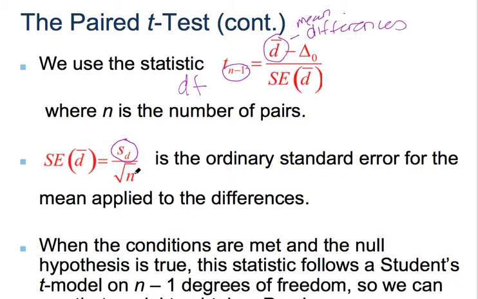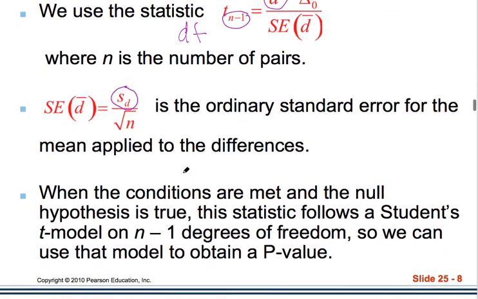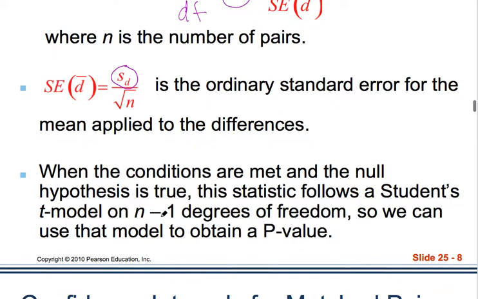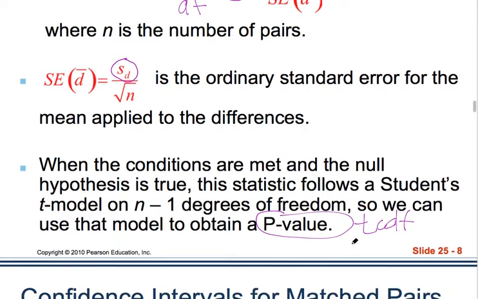And the square root of n, where n is the number of pairs. So that's the same standard error that we've been using. When the conditions are met and the null hypothesis is true, we use the student's t-model with n minus 1 degrees of freedom, and we find the p-value. So we use the t-CDF to determine what the p-value is.